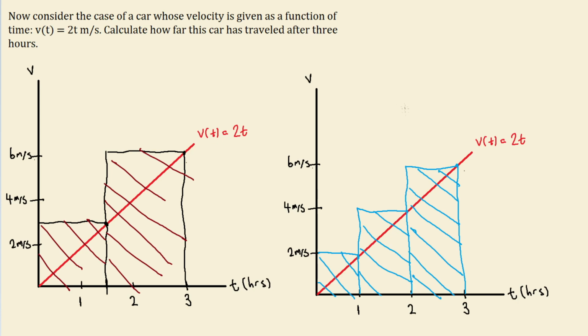Another way to say that would be, for example, the difference in how fast the car is traveling at the end of this interval and the beginning of it is going to be smaller than the differences in how fast the car is traveling at the end of this interval and the beginning of it. And so clearly, if you break this up into more and more rectangles, it is going to result in less and less of an overestimation, and it will behave more and more like how the actual distance of the car will behave as you take the limit as this gets smaller and smaller.